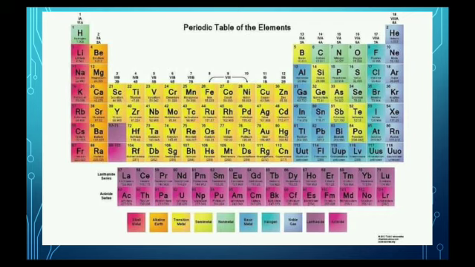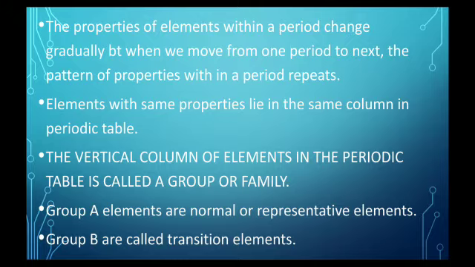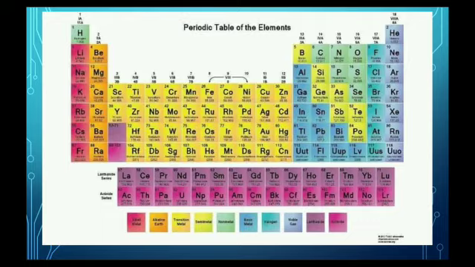Lithium and sodium have same properties. So the thing that is said, that the properties of elements within a period change gradually, within a period means lithium has different properties than beryllium. They both are present in period number 2, but their properties are different. But when the next period starts, the first element of the next period has similar properties to the first element of the last period.